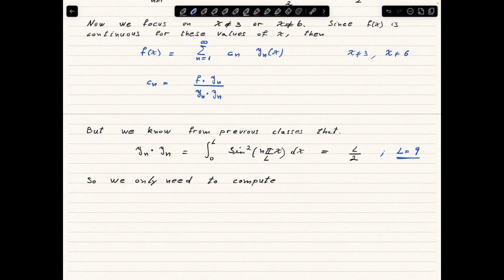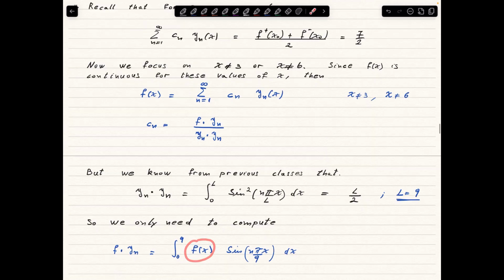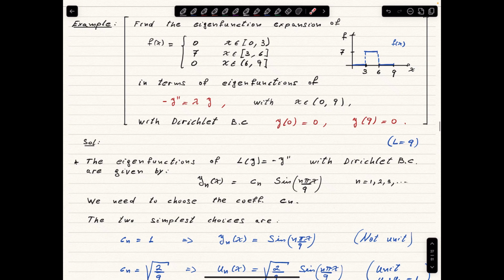So let's do it. F dot yn. Well, this is nothing more than the integral from 0 to 9 of f of x multiplied by the sine of n pi x over 9 dx. But now we use the definition of f. Notice the definition of f is 0 between 0 and 3, and also 0 between 6 and 9.